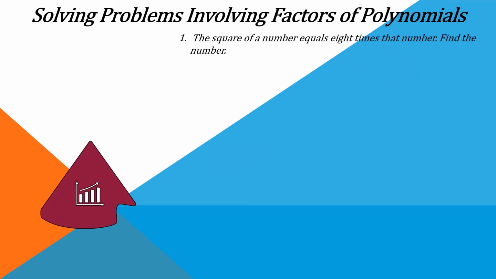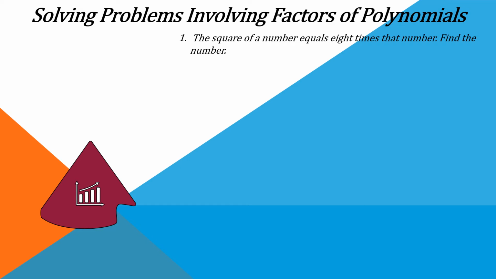Now, we have example number 1 here. The square of a number equals 8 times that number. Find the number. According to the problem and the procedure in solving problems, first is to analyze the problem. Take all the given data and then analyze what is required and then solve the solution.